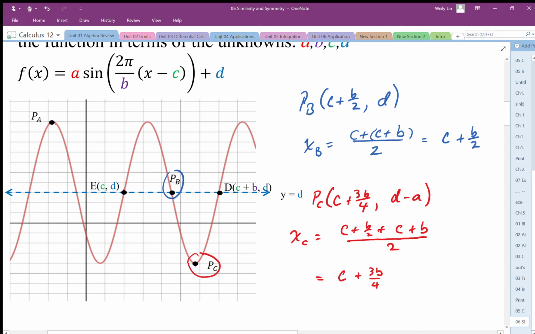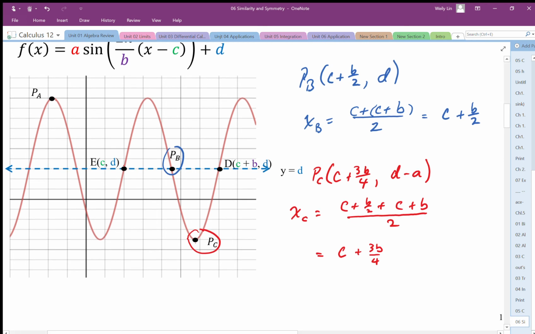Okay, so if I want to then find out point A, which I'm going to do in green, that point here, well, I can look at this distance from here to here. That distance is exactly the same as from here to here, because they both represent 3/4 of a period. So there's a quarter period, 2/4, 3/4 of a period.